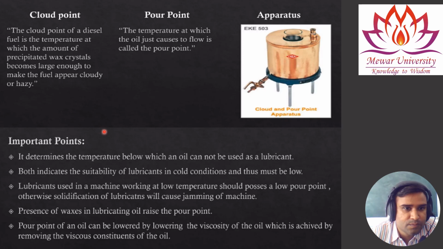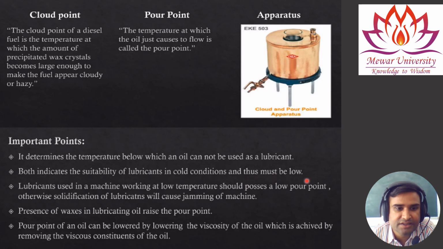Why are cloud point and pour point important? They determine the temperature below which an oil cannot be used as a lubricant, that is, the minimum temperature at which oil can flow. Both indicate the suitability of a lubricant in cold conditions, and thus must be low.